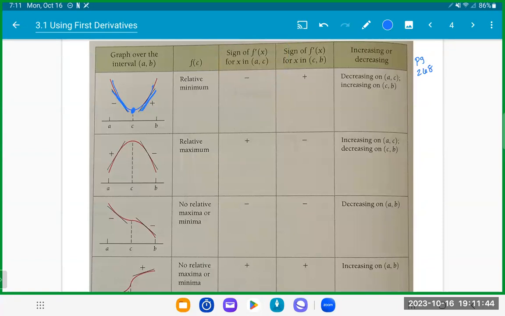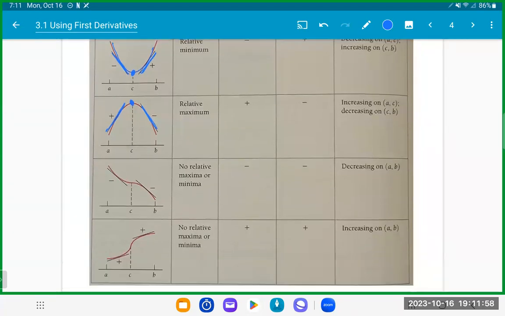If we move to the next one and we want to look at a relative maximum, if I'm increasing and then decreasing, you will see I have that maximum point, and that gives me the relative maximum. And then the other case, you see I'm negative and I'm negative again, so I have no maximum or minimum. We'll learn that this right here is actually an inflection point, okay?